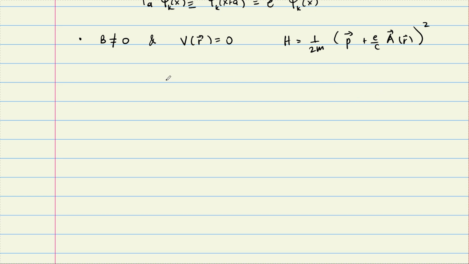And A defines a uniform magnetic field, del cross A of r is equal to B, which is uniform, B perpendicular to the 2D plane.